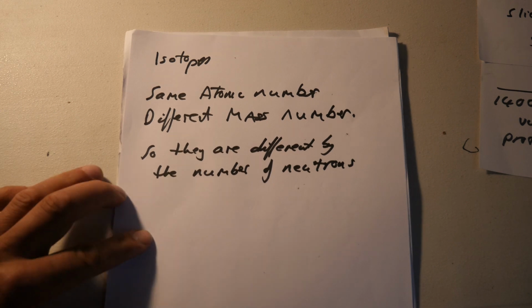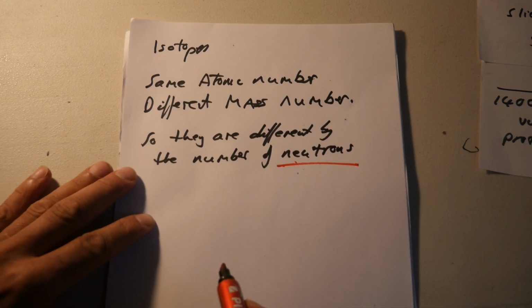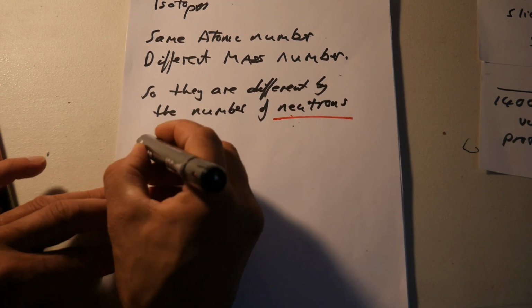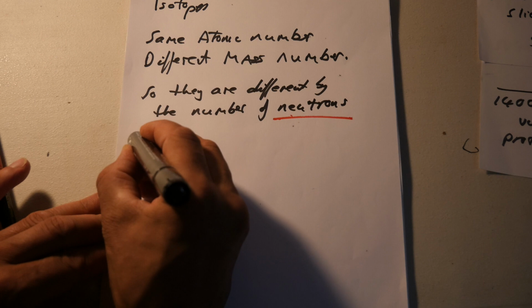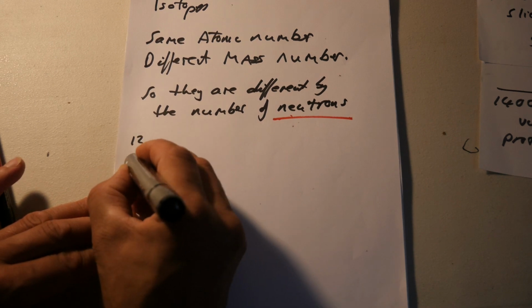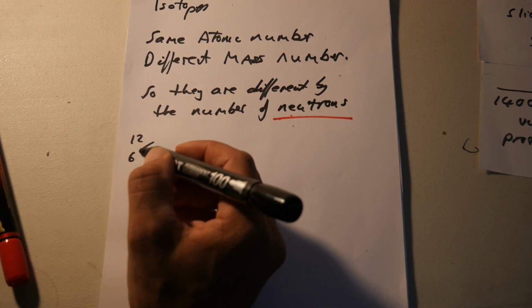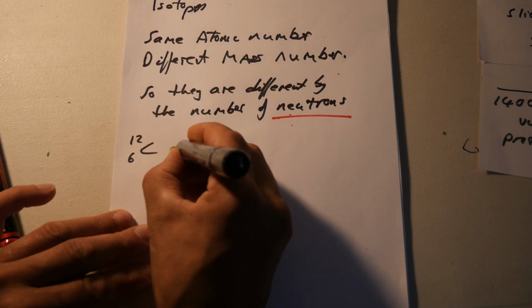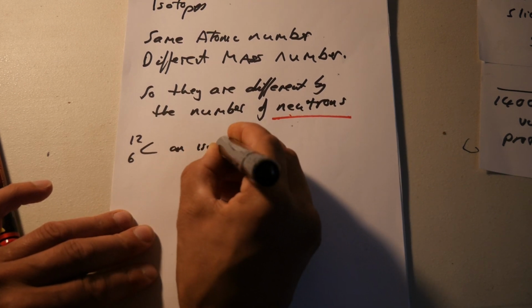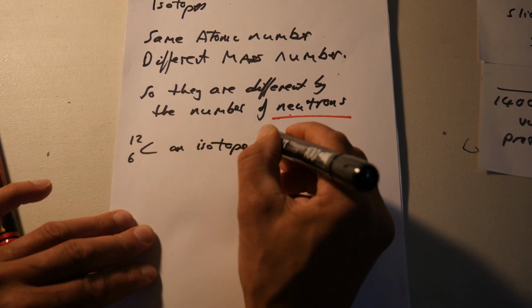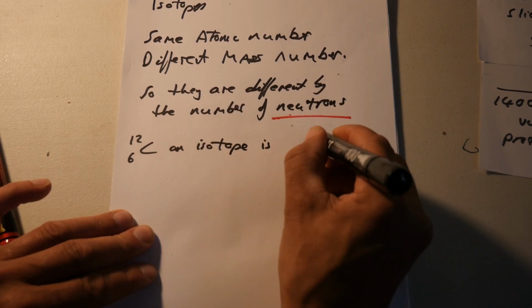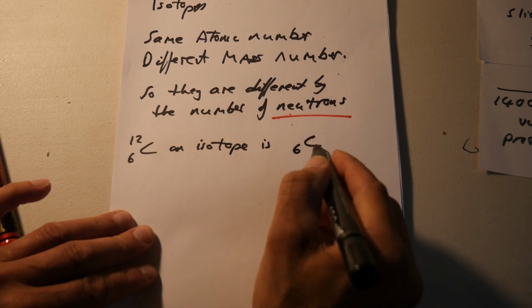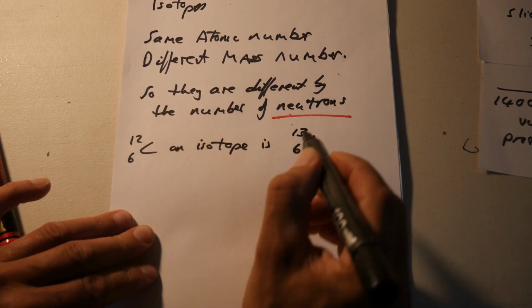So for example, carbon normally is 12, 6, okay? But an isotope is carbon with 6 atomic number, but 13, okay?